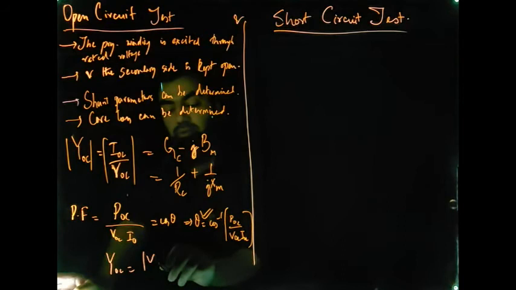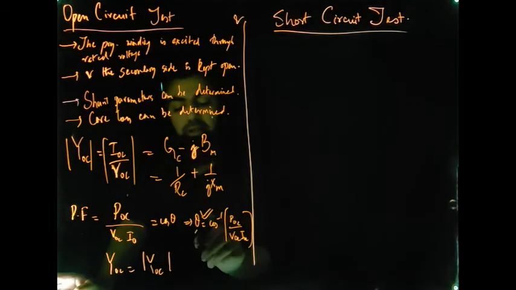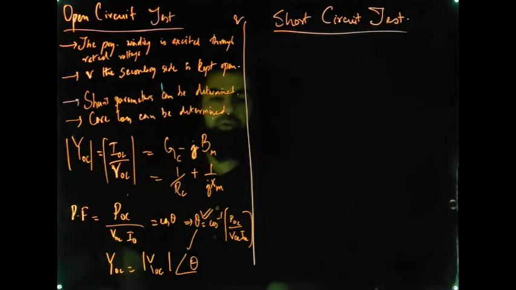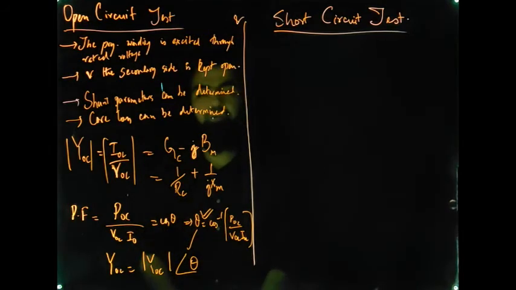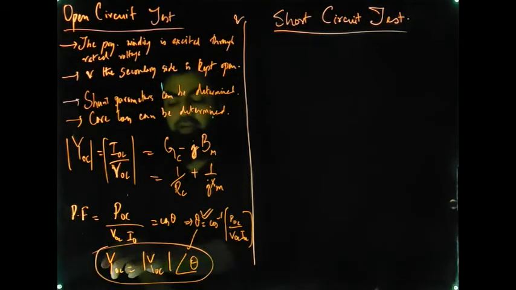So this will give us the total admittance of the circuit, from which we can find out 1 by RC and 1 by JXM. That means we can find out RC and JXM by calculating this value of admittance.